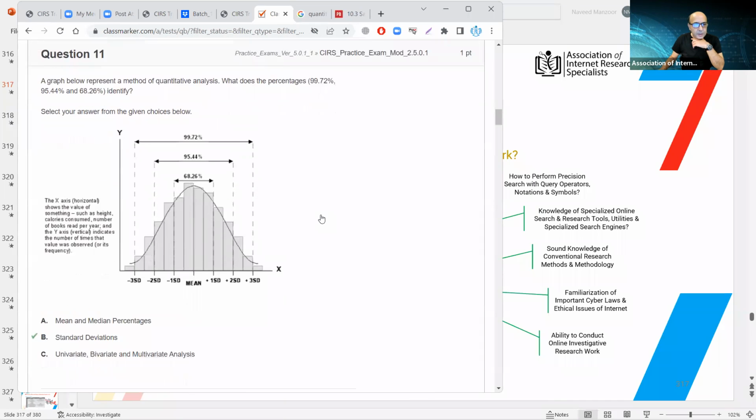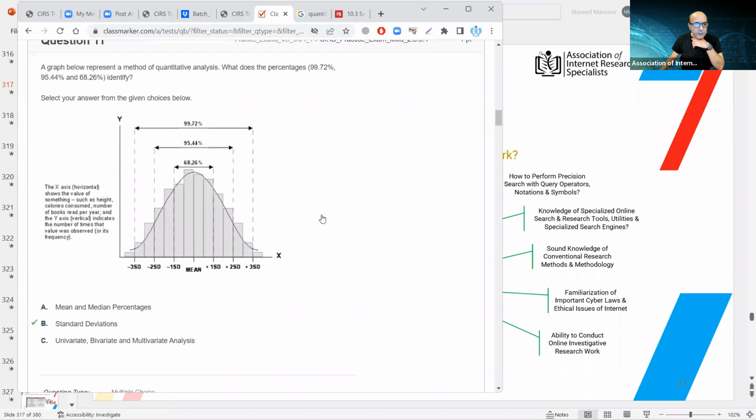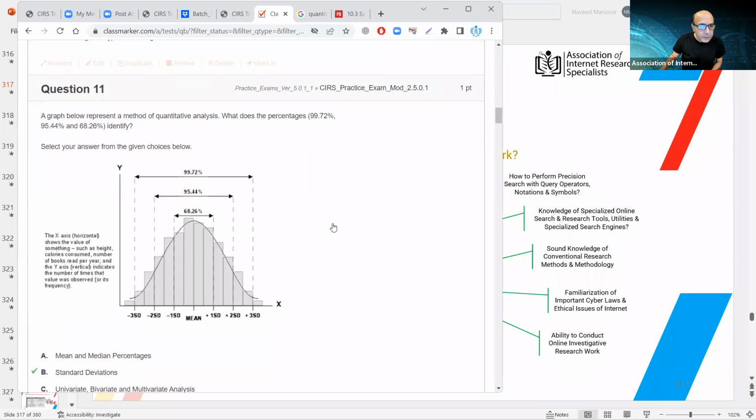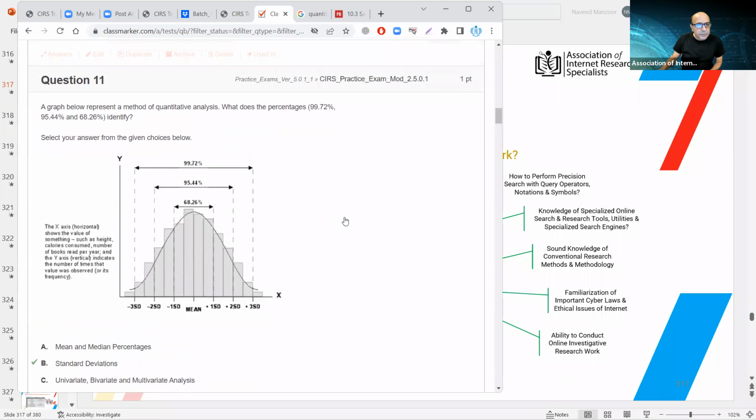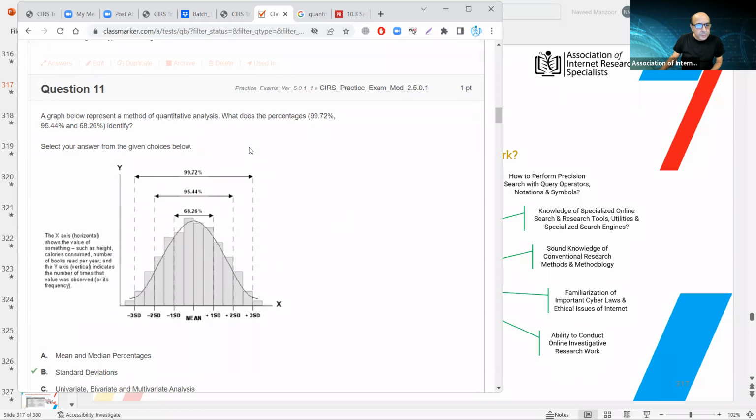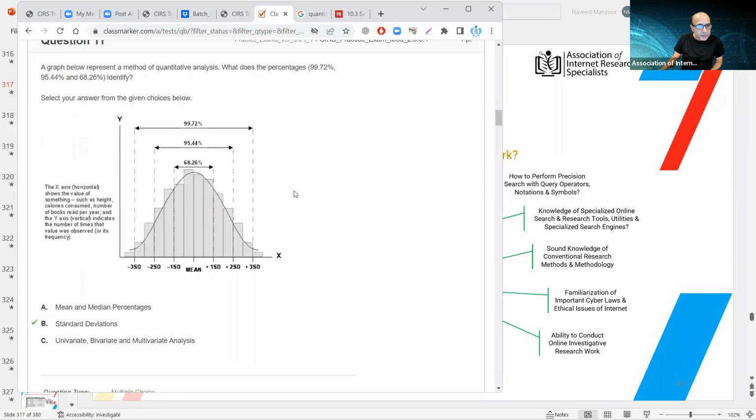Something that's pretty much common in the exams I've seen lately. These are the type of questions which frequently are displayed in your exams. I've looked at the recent ones, and the questions on the topic of quantitative analysis.